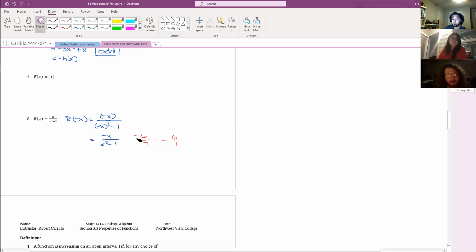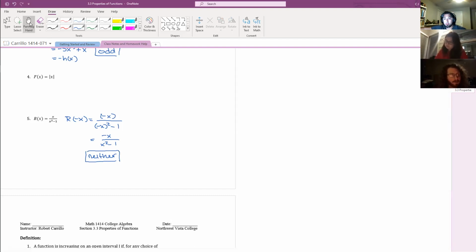So in this case, if we were to rewrite this as -x/(x² - 1), this is not saying that this is even. We have to apply this negative in somewhere to see how the signs change. Now we only have one negative, so we can either put it to the top or to the bottom. And that basically means not all of our signs will change. So this guy is neither even nor odd.